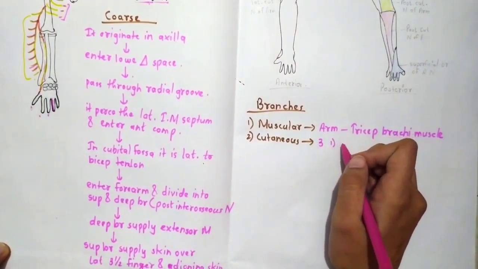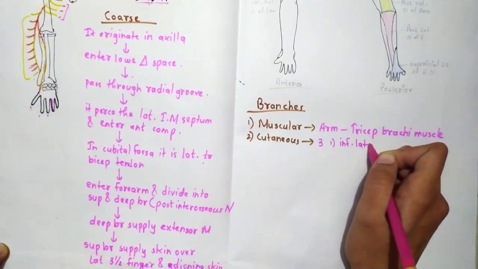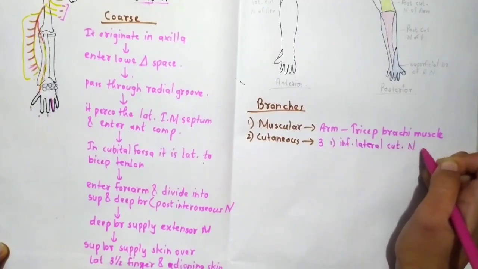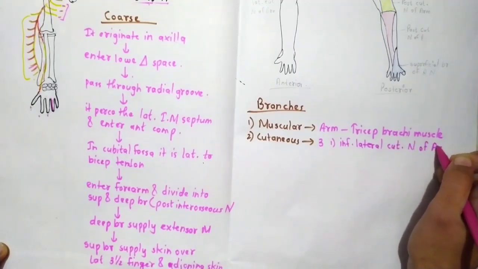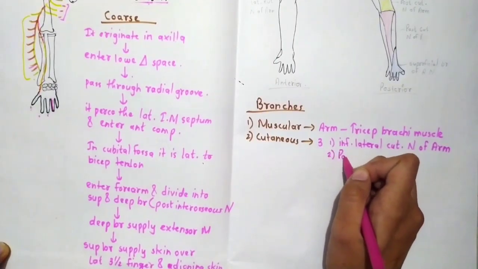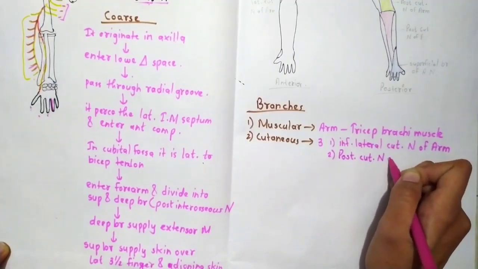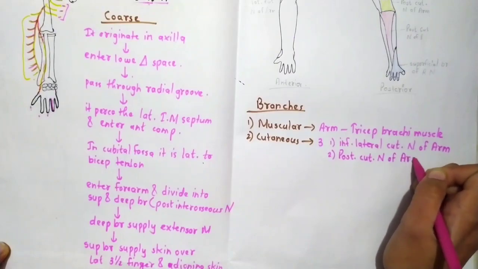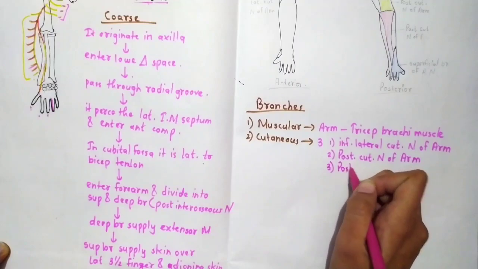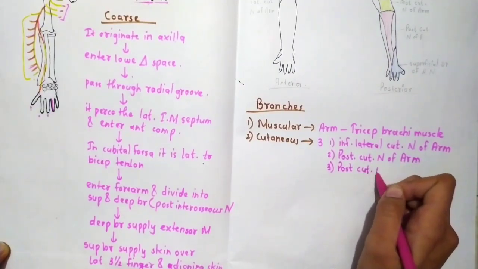First is the inferolateral cutaneous nerve of arm. Second is the posterior cutaneous nerve of arm. And the third one is the posterior cutaneous nerve of forearm. One is for the arm and another for the forearm.